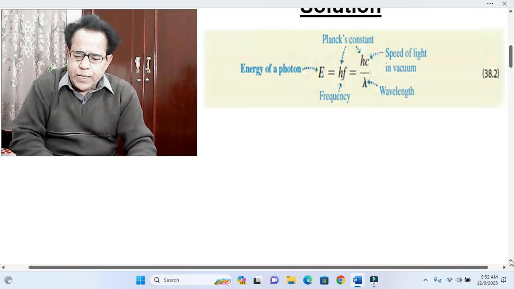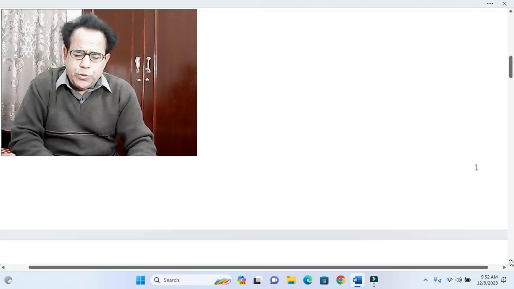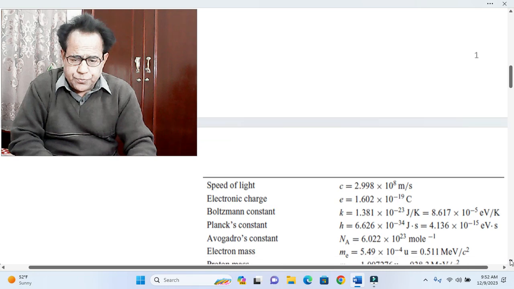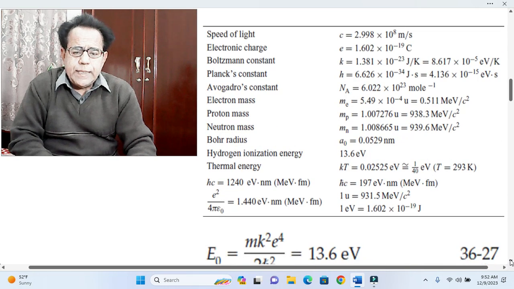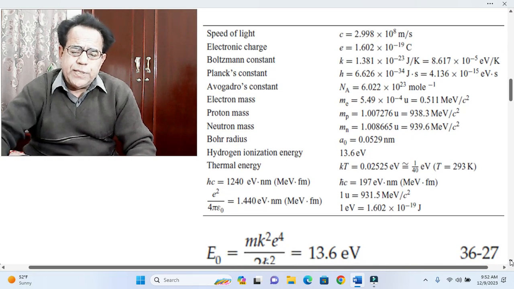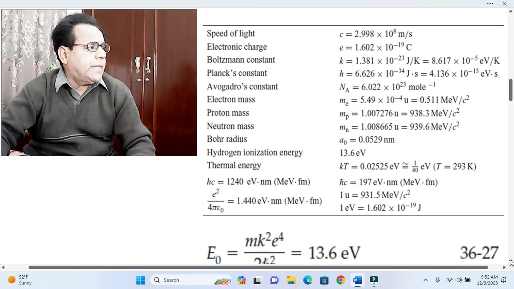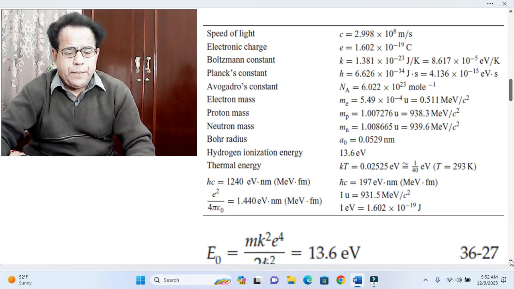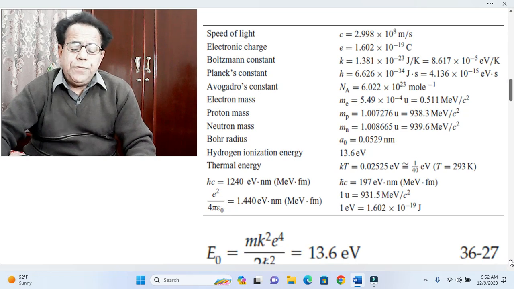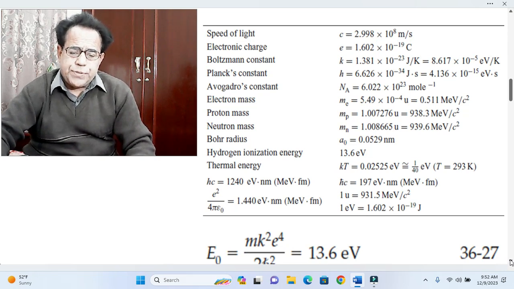Now we are going to the second snapshot. Dear students, this second snapshot is a table of physical constants in which a large number of physical constants are given. We will pick the constant which we may require.